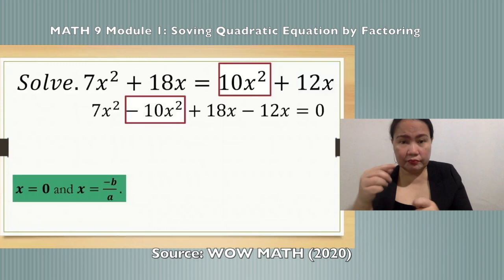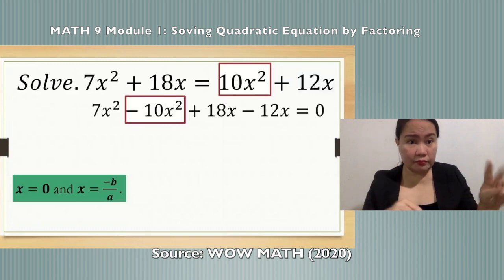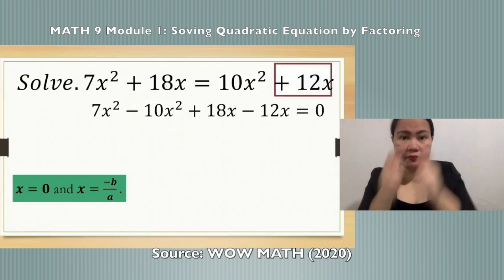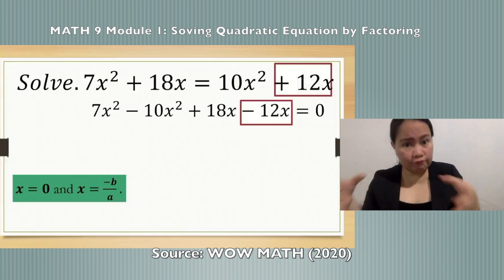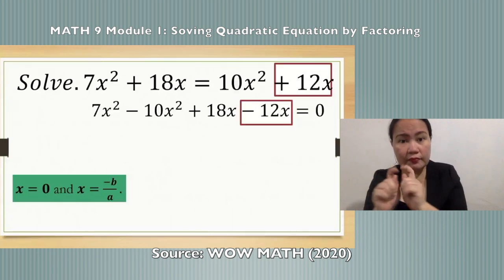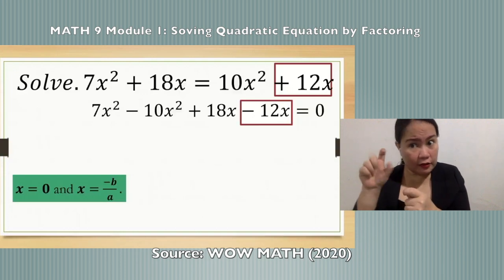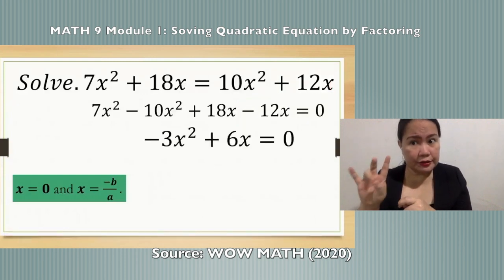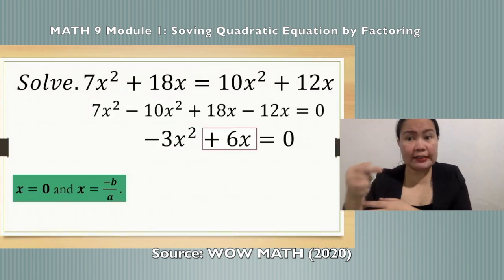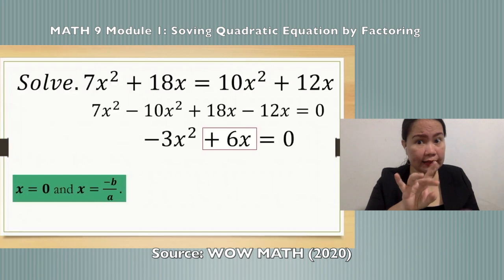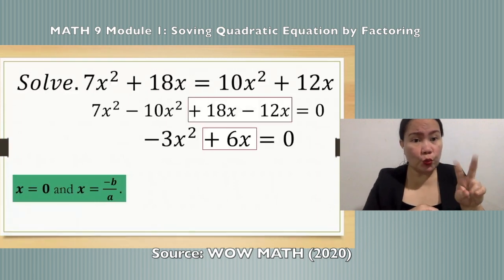Si positive 12x, lipat din natin sa kabilang side, kaya magiging negative 12x. After nyan, we need to combine the similar terms in the given equation. So, yung negative 3x squared ay galing kay 7x squared minus 10x squared. At itong si positive 6x ay galing naman kay 18x minus 12x.